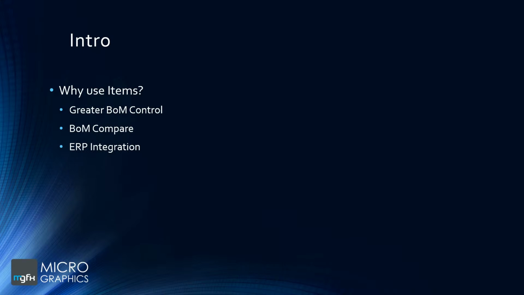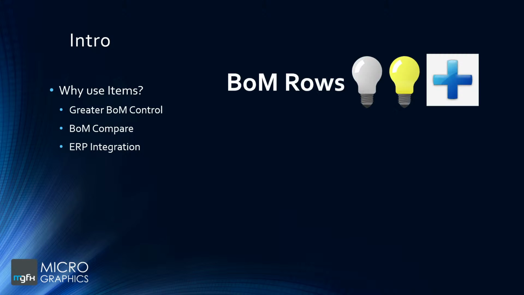Moving on from this, we get greater bill of materials or BOM control. We're able to, from within the item, switch on or off bill of material rows. We could say that, you know what, we don't need a specific part in the bill of materials for, let's say, the customer that we are producing for at the moment.